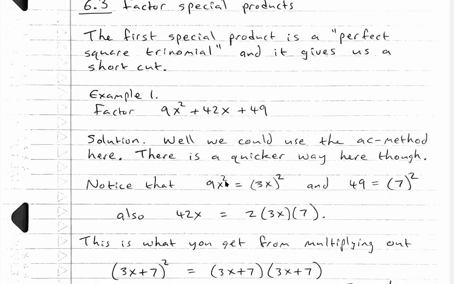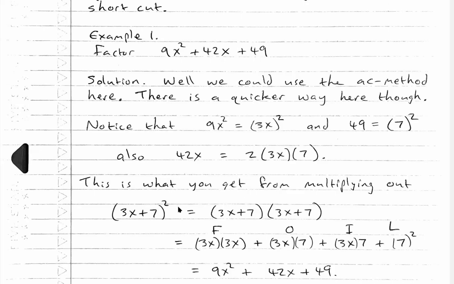So we have a 3x and a 7. If you square 3x plus 7, that's 3x plus 7 times 3x plus 7, then you're getting the 3x squared, that's the first term.